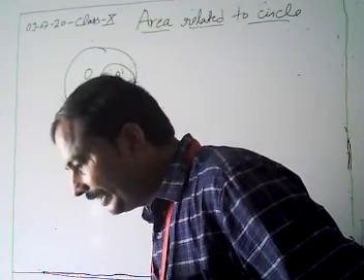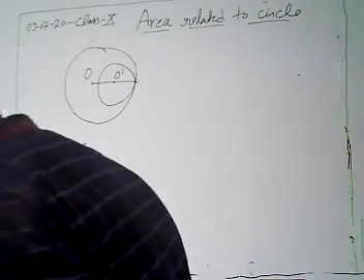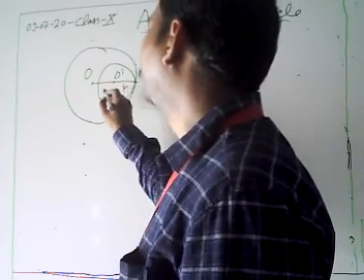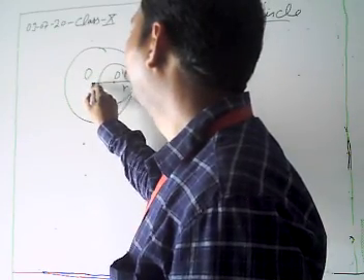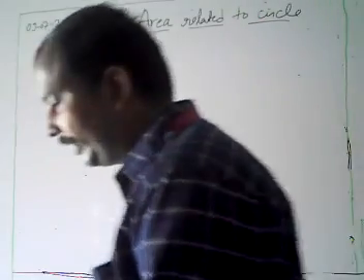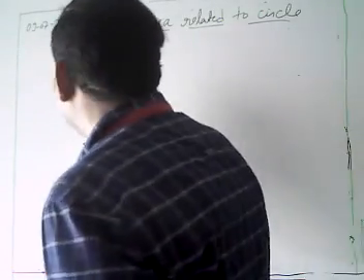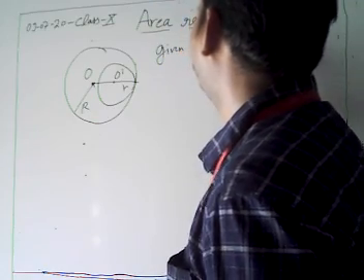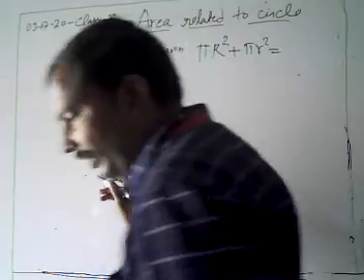The sum of their areas is 116 pi square centimeter. Suppose the radius of the small circle is small r, and the radius of the bigger circle is capital R. Sum of their areas means pi R square plus pi small r square is 116 pi.